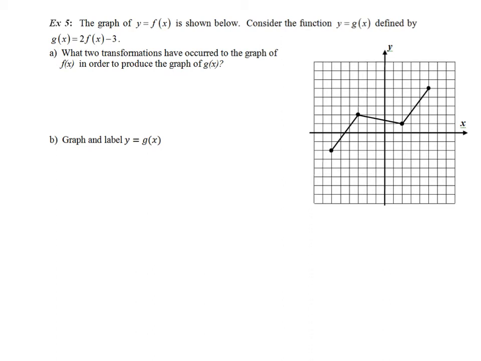We always start with the multiply, so our first transformation is going to be a vertical dilation of 2. So for every point, we're going to have to multiply the y coordinate times 2.